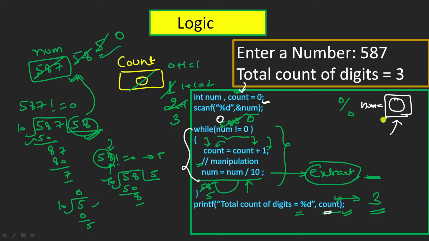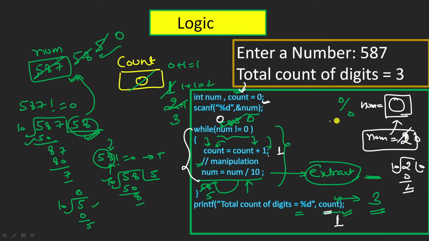But if you give the number as, let's say, 2, then it will give me the correct answer. 2 is not equal to 0, yes, so it will increment the count. Count will become 1, and then your number will change to 2 divided by 10, which is 0. Now my number has changed to 0, but my counting has increased. Now we will go here, 0 is not equal to 0, false, and we come out, and the answer will be 1. So in other cases it is working fine, but for 0 it is not.